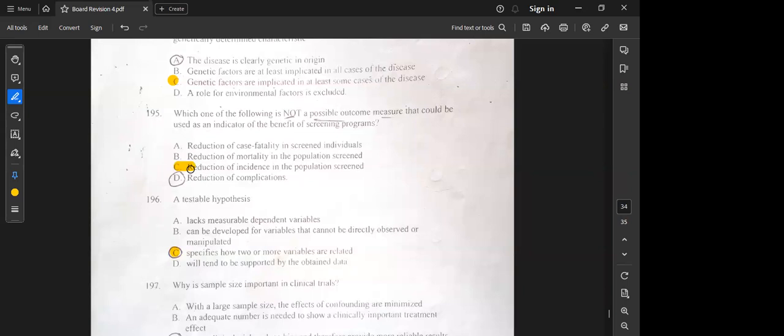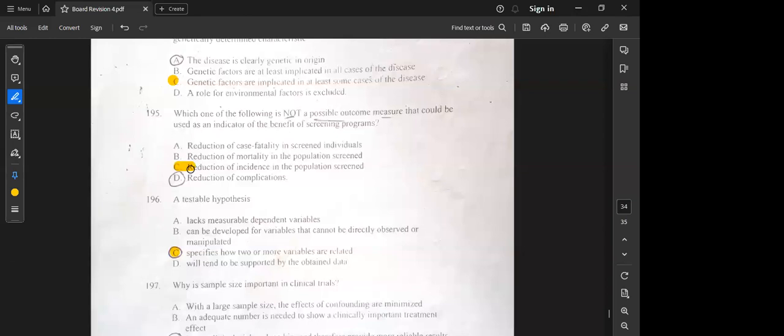Okay, I also have another view, if you're saying C, like you see there's reduction of incidence in the population. If you keep on screening, you know that there are risk factors, so you know that you're in that high risk. For example, for lung cancer, the risk factor is smoking.